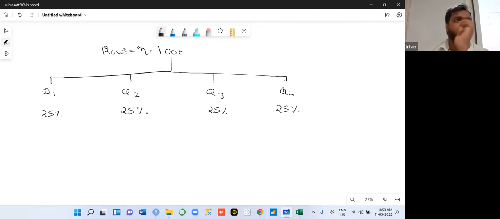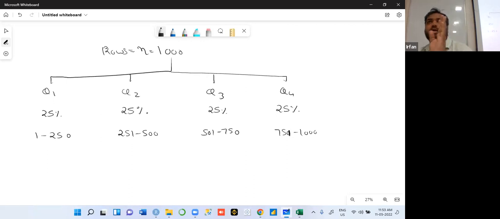If we have numbers 1 to 1,000, so 1 to 250 will come in this row, 251 to 500, 501 to 750, 751 to 1,000. Clear? So splitting data into 4 parts, concept of quartiles.